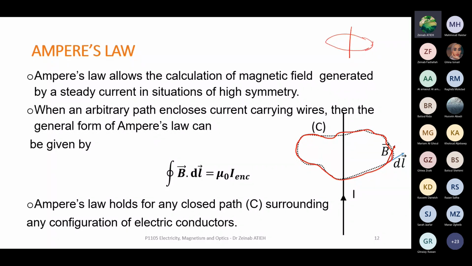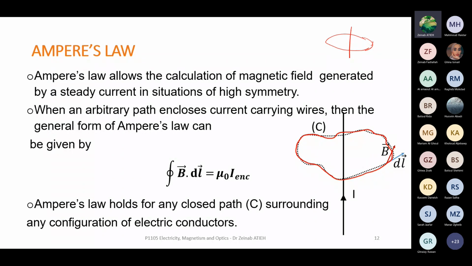We can take it arbitrary in form. It's not wrong, but it will be hard to solve. So to be able to solve it, we choose it usually circular, concentric with the wire. So this is simply a wire, and we apply Ampere's law.